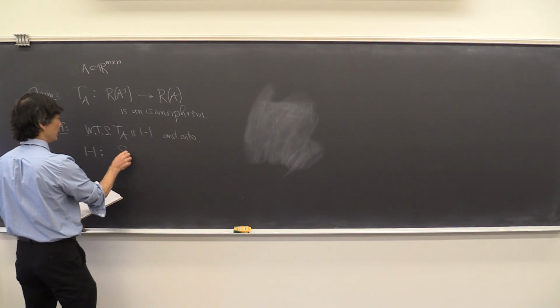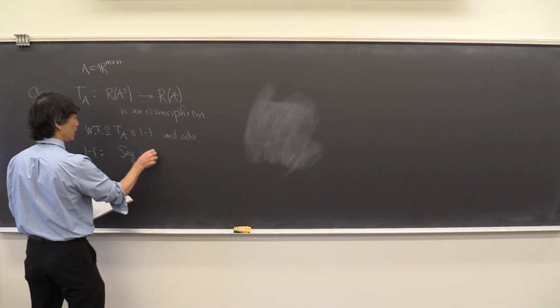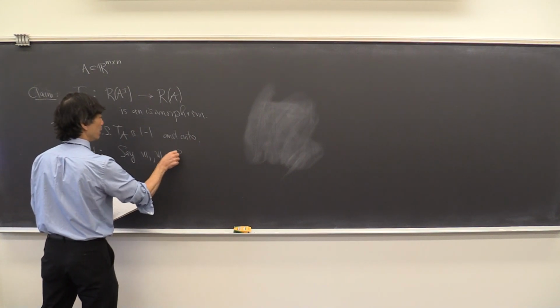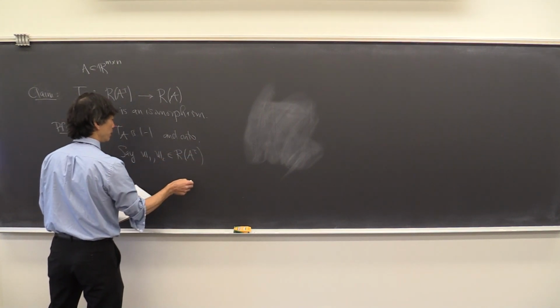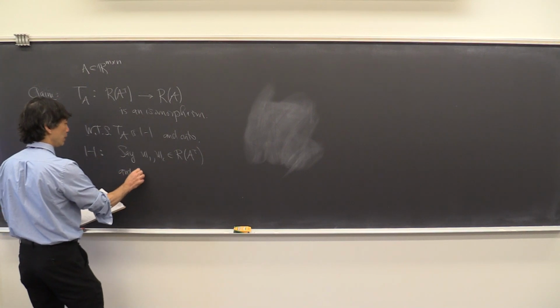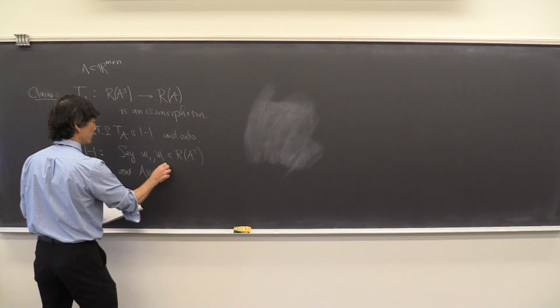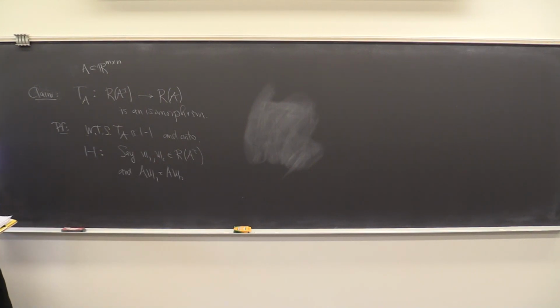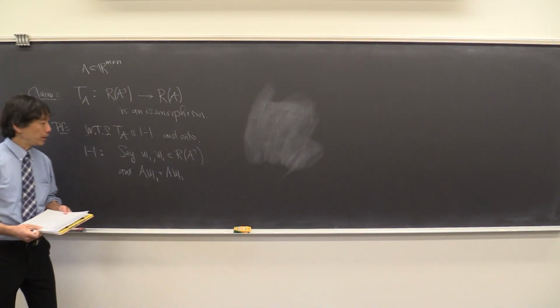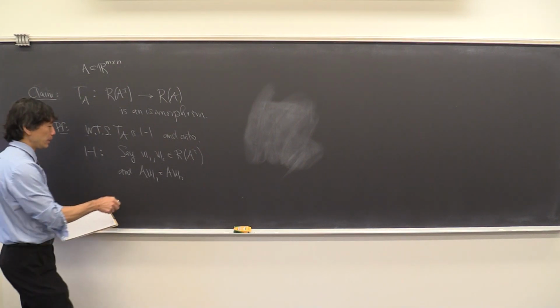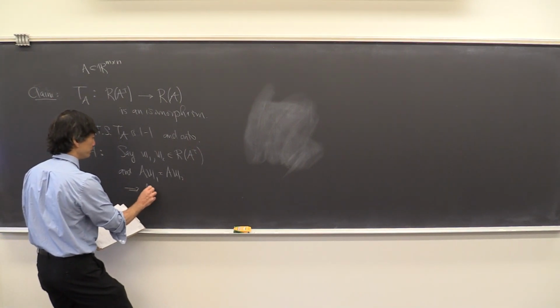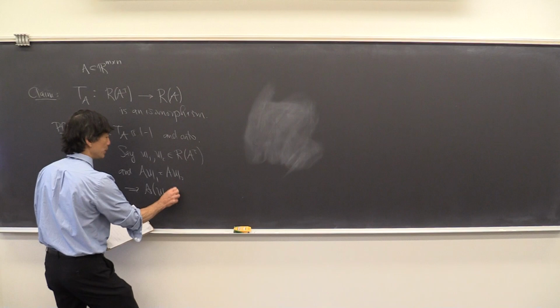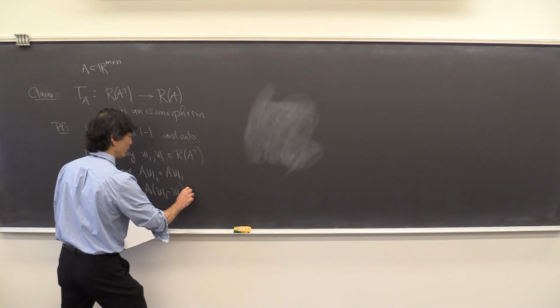Suppose that U1 and U2 are in R(A^T) and AU1 equals AU2. Then, just as we saw last time, A of (U1 minus U2) is 0.